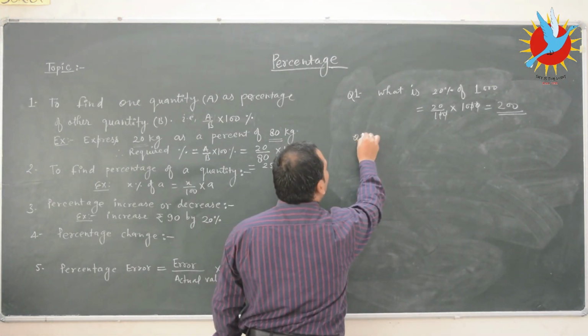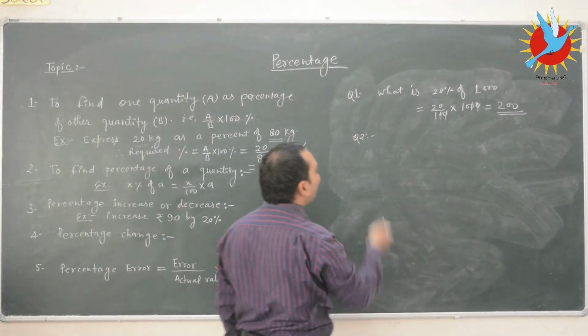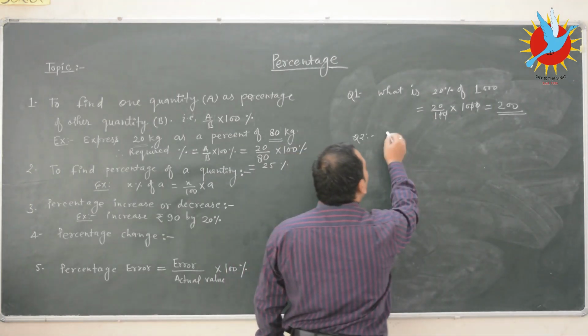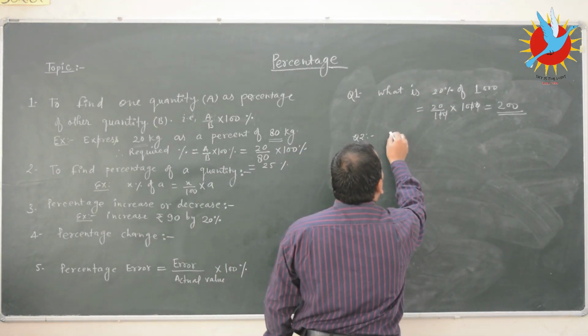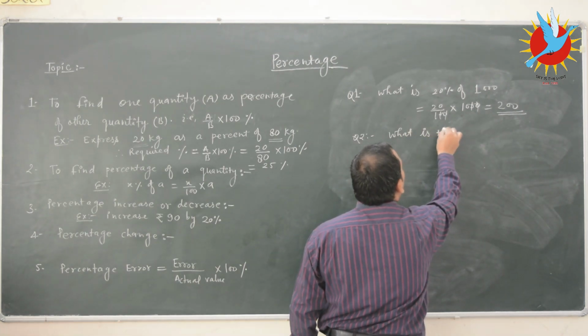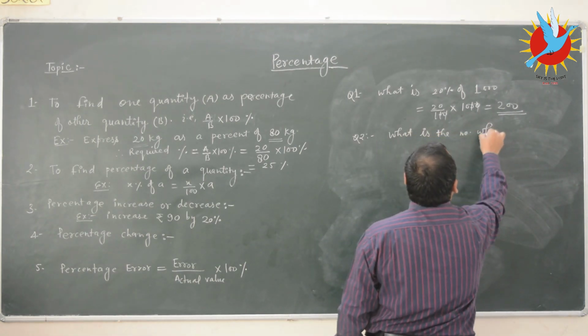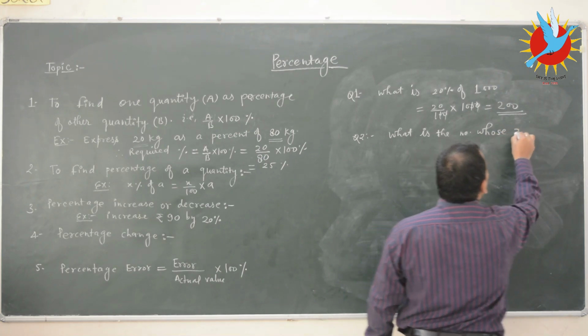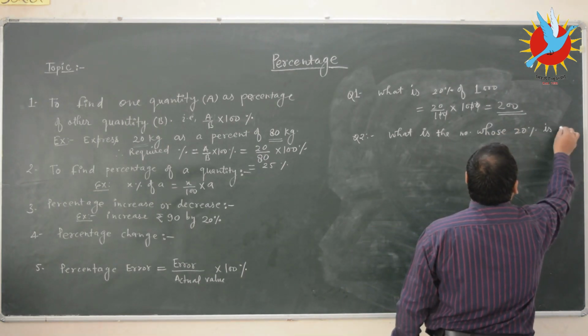Next, the second question arises from the same question: what is the number whose 20% is 200?